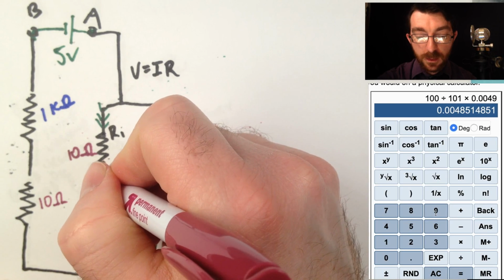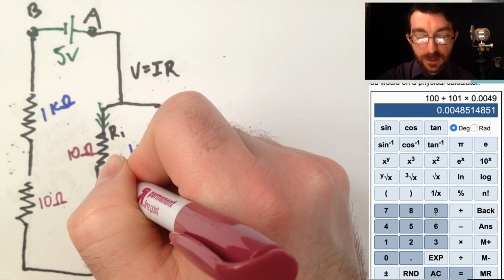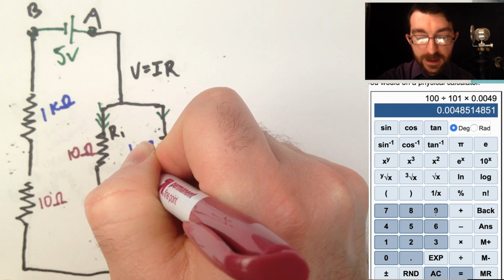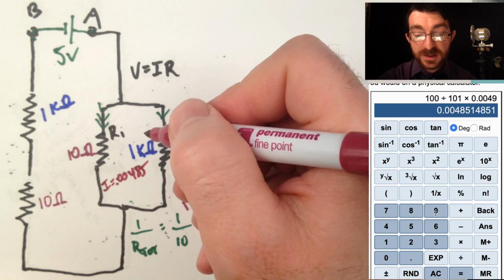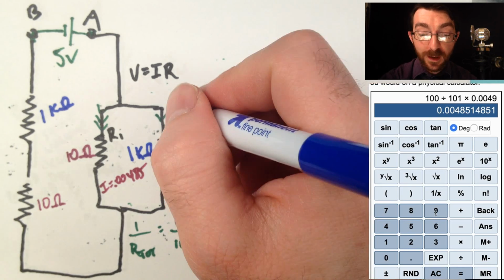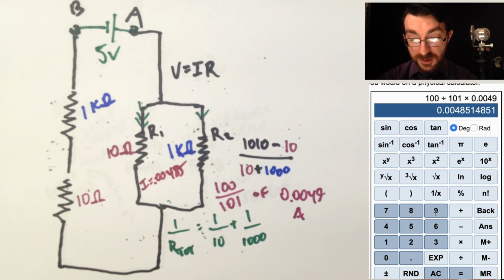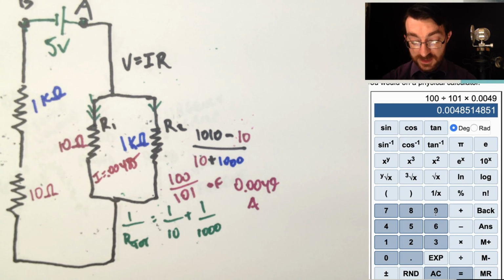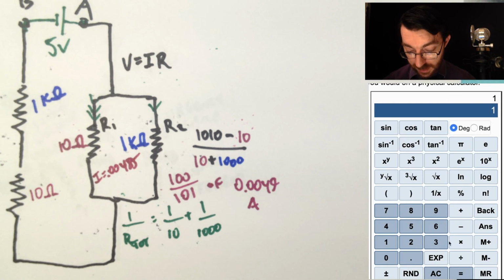The current on this side is 0.00485. Okay, so how much is left for this one? Clearly, it's just the rest of it that makes it to 0.0049, so 0.00005. Holy cow, that would be 1 out of 101 of 0.0049. Let me actually do that calculation just so that you can see it. 1 out of 101 times 0.0049.